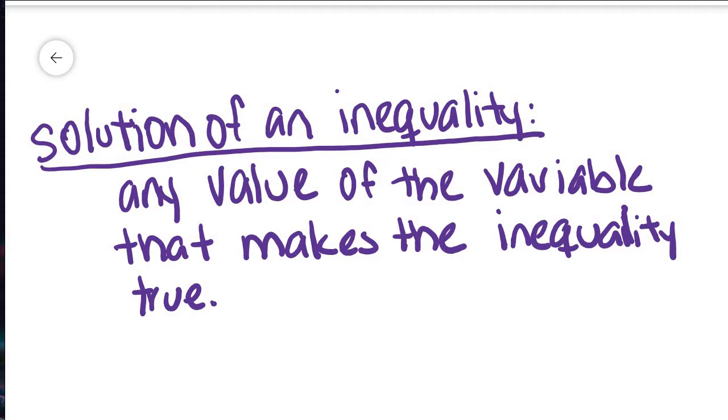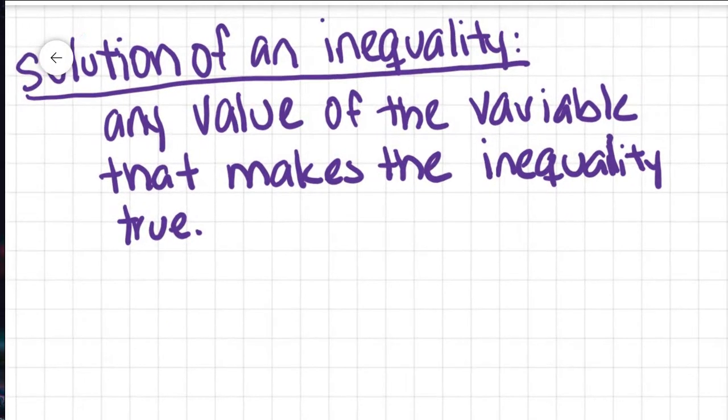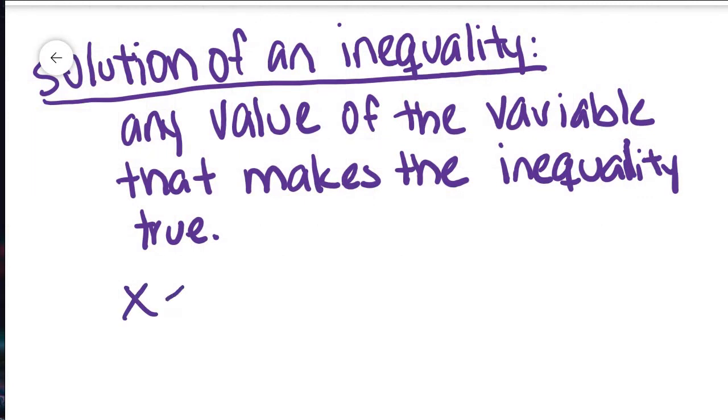All right, so pause right there to get that copied down. So what does this mean? If I have x less than 9, that means the solution of x is all numbers.